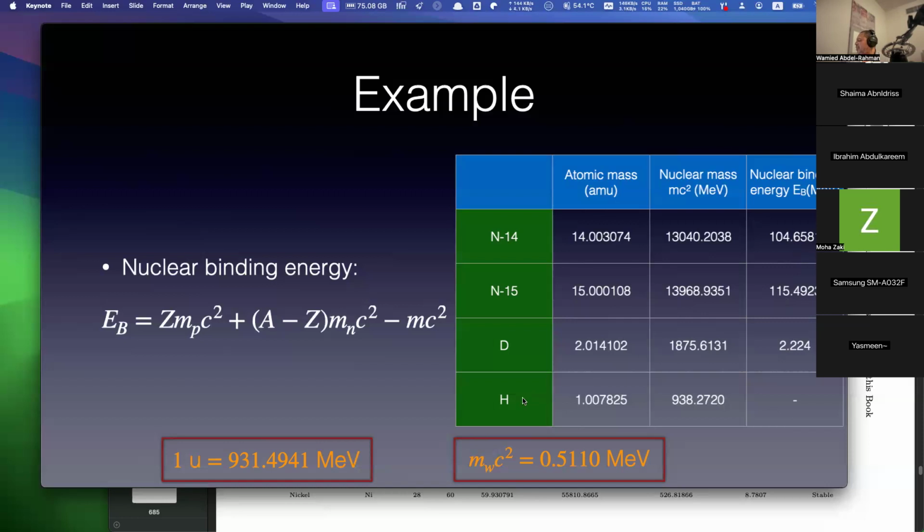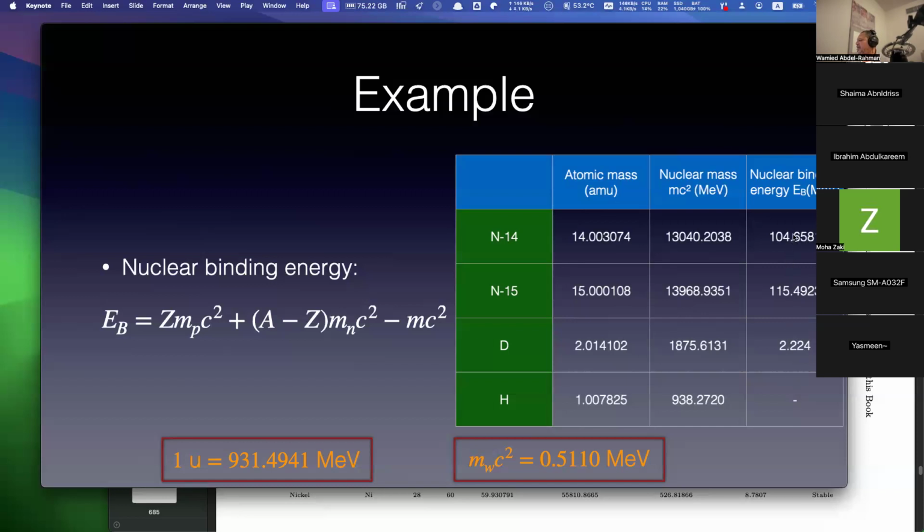Actually, this is a proton, because now we have removed the electrons, and this is the deuterium nucleus, so it is basically a proton-neutron particle. And H, this is a proton in this case. Obviously we have a proton, so there is no binding energy. It's a single particle, so this is 0.